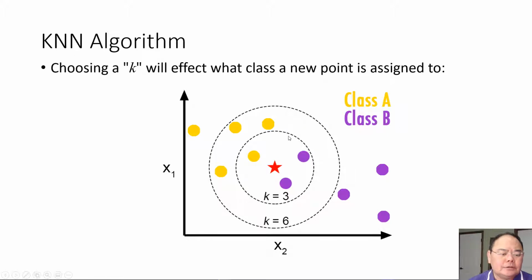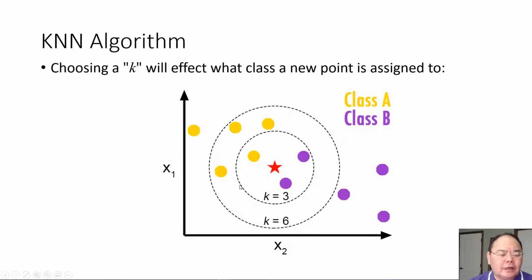If I increase the radius, which increases the size of my neighborhood, I will have more neighbors. Now I have four neighbors in class A and two class B neighbors.